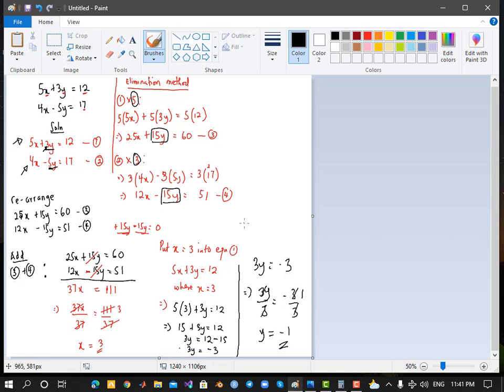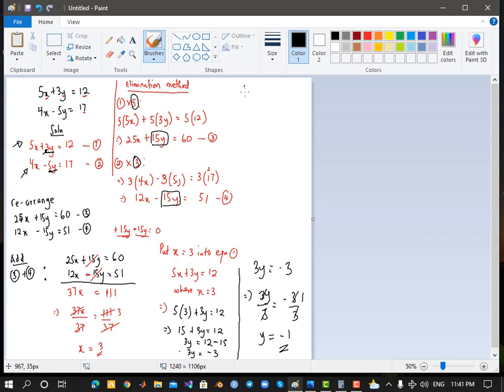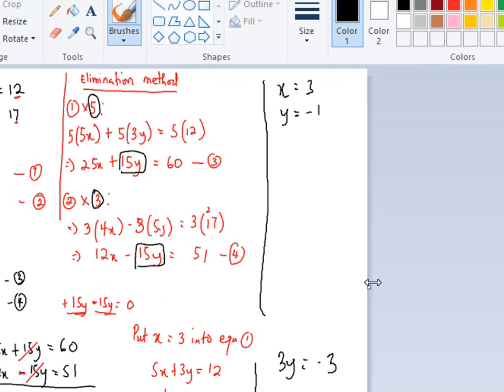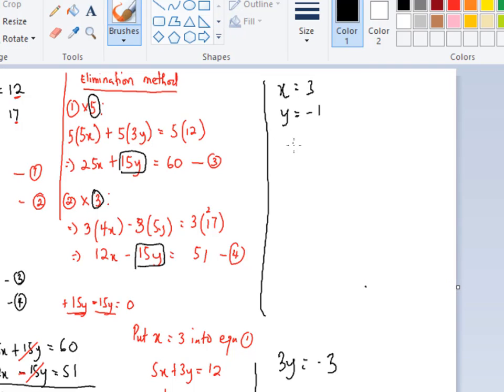So our final answer is that x is equal to 3 and y is equal to negative 1. If you want to check whether it is true, you can do it from equation 1.